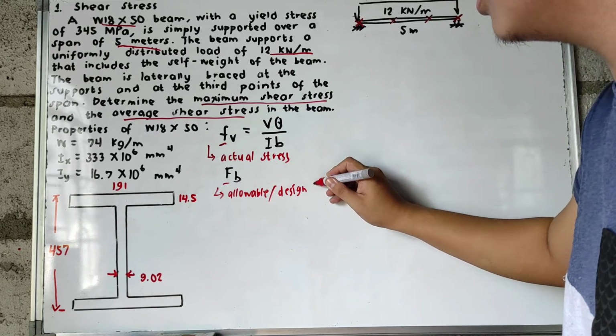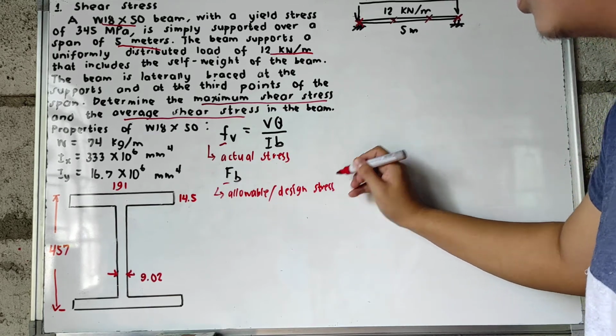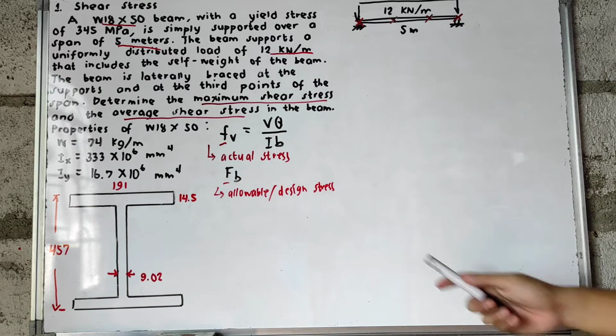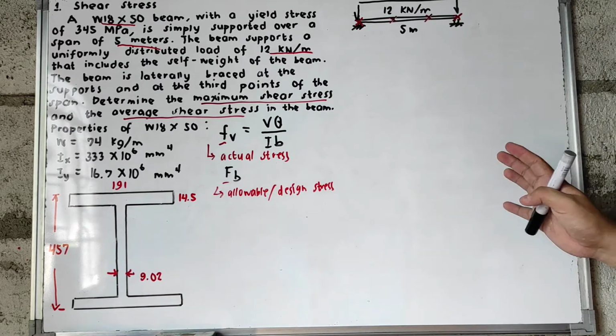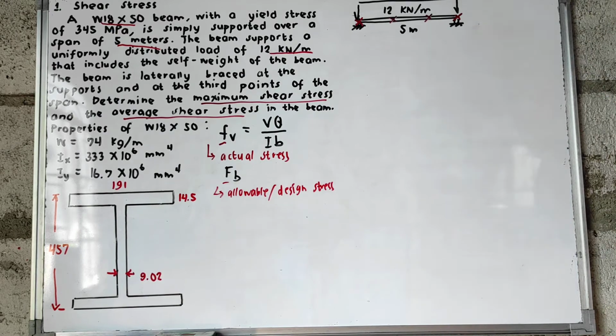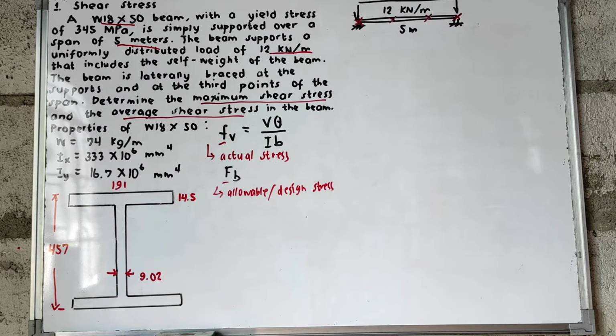So for this one, kukunin lang natin yung actual stress natin, meaning to say, magbe-base lang tayo dun sa loading natin. Unlike sa pagkuha ng allowable or design stress, ang daming procedures, ang daming codes na sinusunod to obtain that data.